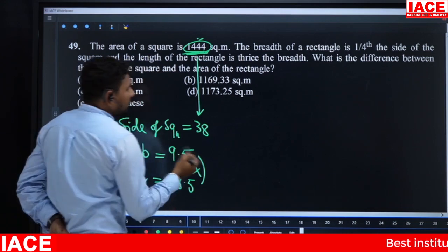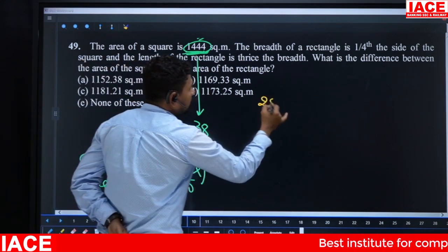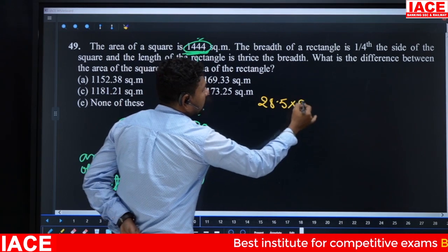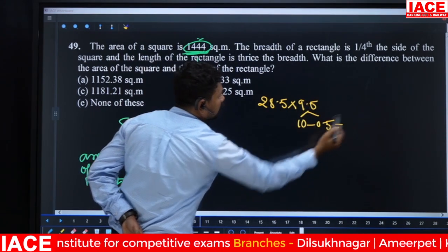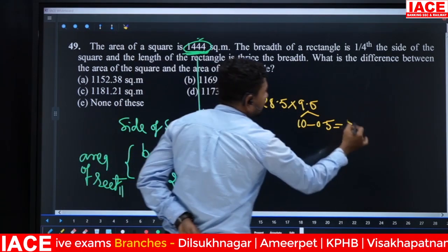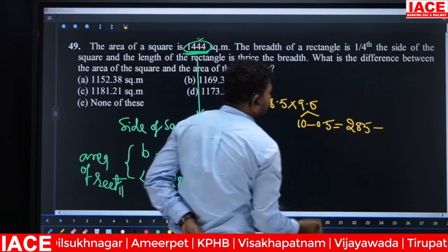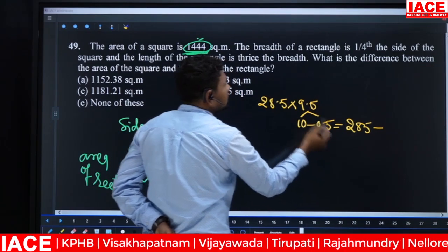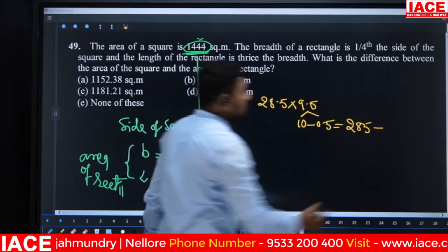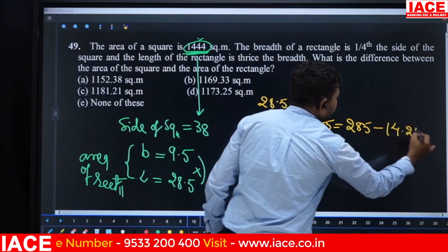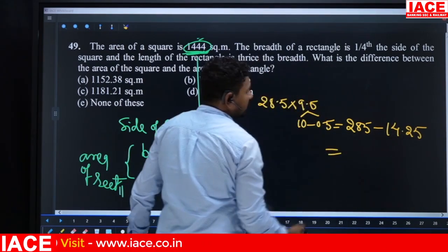I am assuming this 9.5 as 10 minus 0.5. So 10 times 28.5 is 285, minus 0.5 of 28.5. Half of 28 is 14 and half of 0.5 is 0.25, so 14.25. From 285, we remove 14.25.